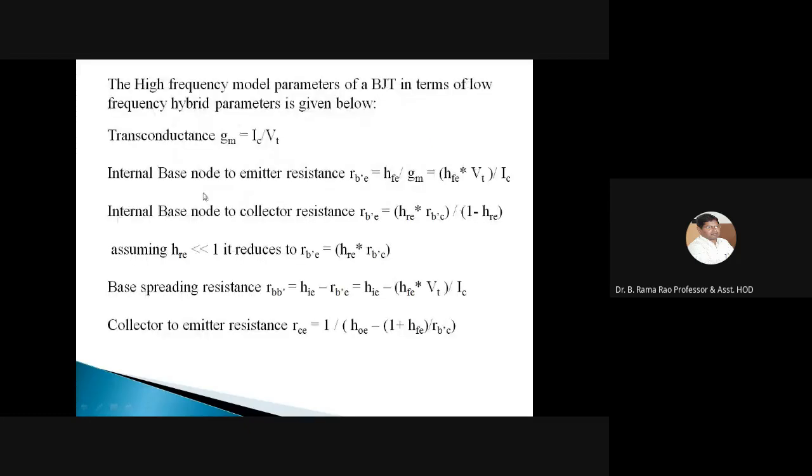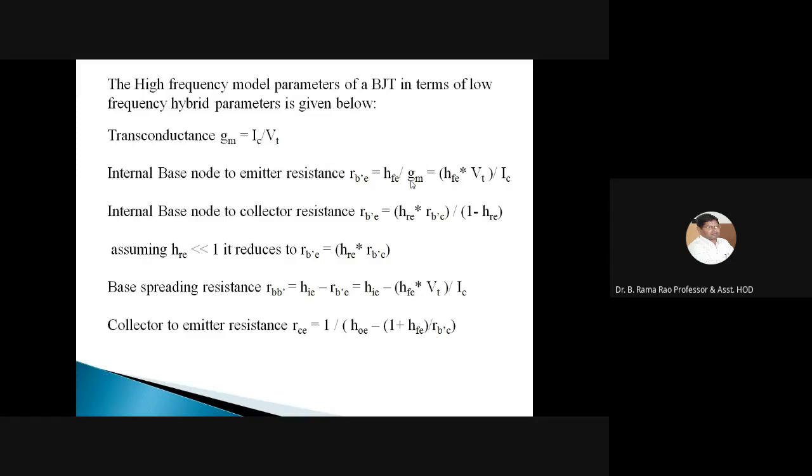Similarly, the internal base node to emitter resistance. B dash is the base node and E is the emitter terminal. The resistance between B dash and E is nothing but the internal base node to emitter resistance. This can be obtained by HFE by GM, where GM is equal to IC by VT.